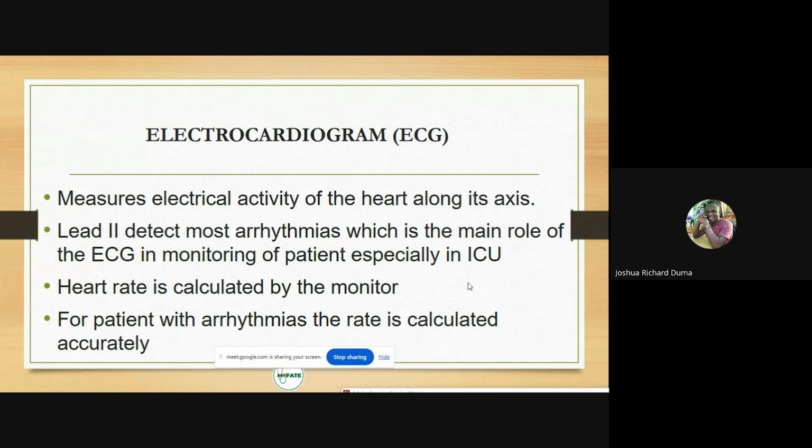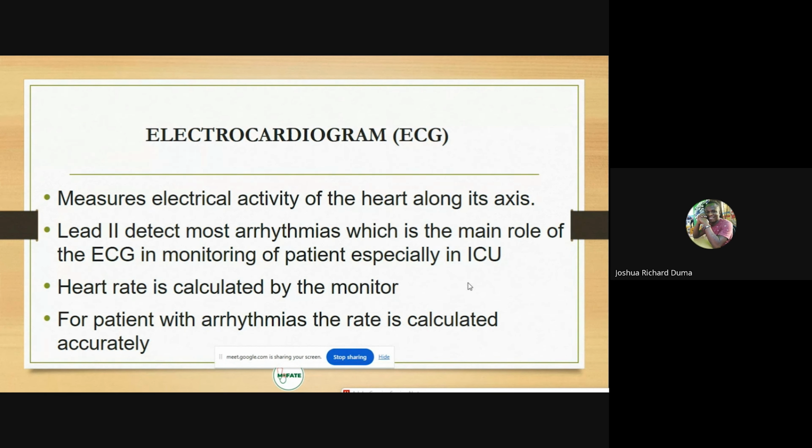One of them is the cardiac cycle: how the heart beats, how the heart pumps, and how the body is perfused. So it's very important to understand the hemodynamics through ECG.